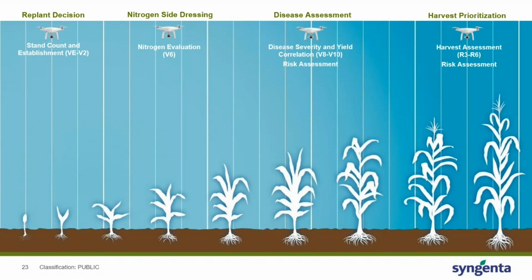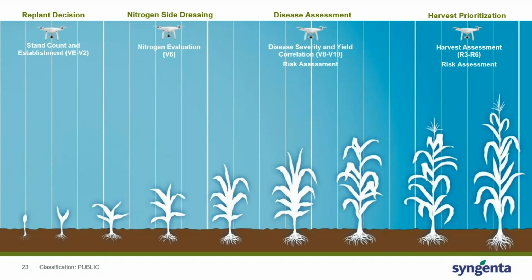The second one is to evaluate the field for nitrogen side dressing and also any potential early diseases. The third one is looking at disease severity and yield correlation, and also risk assessments: is there any weather damage at all, is there any spray drift damage, and finally harvest prioritization.